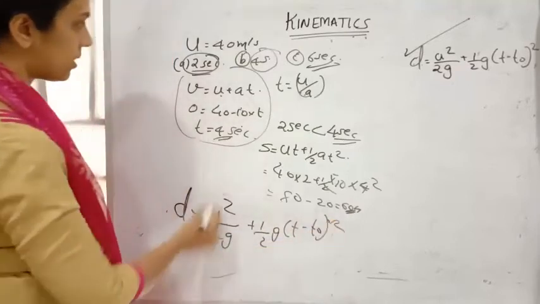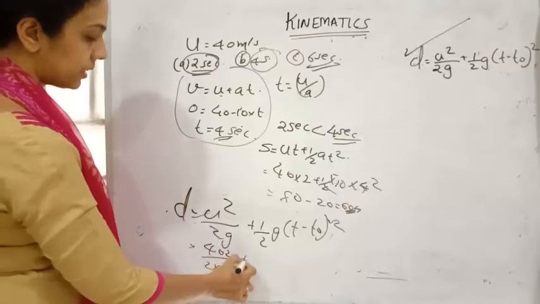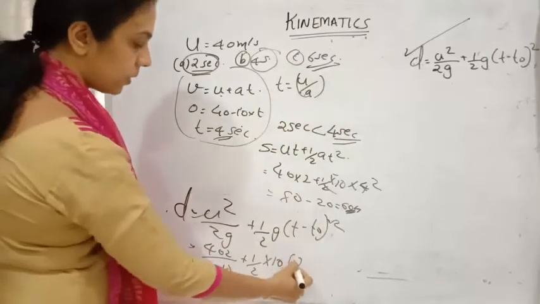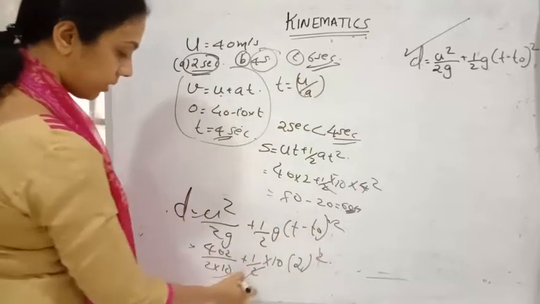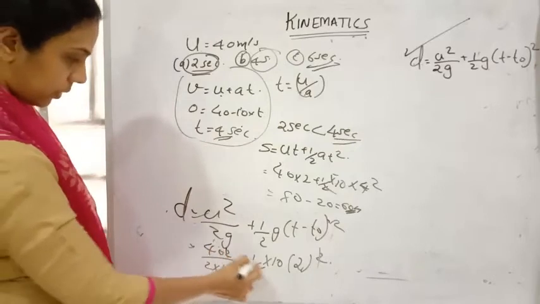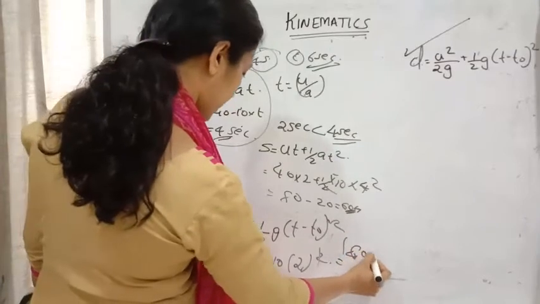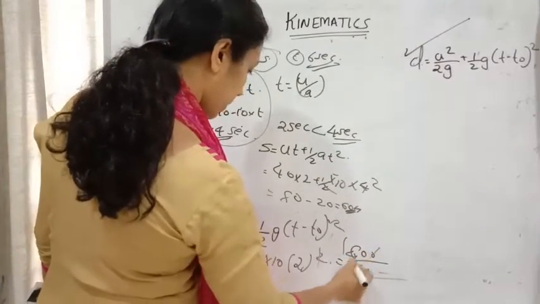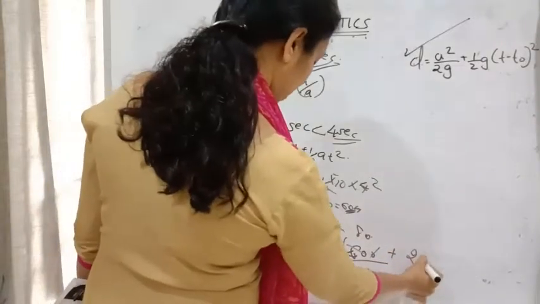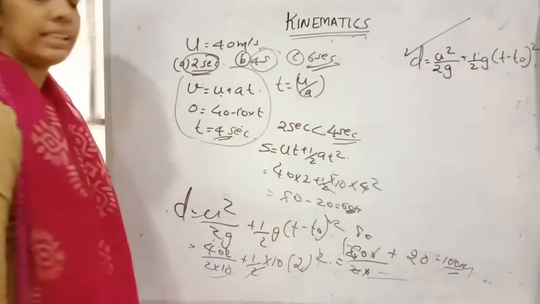For that, what is u here? 40 square divided by 2 into 10 plus half into 10 into (t minus t0, which is 6 minus 4, that is 2) the whole square. So 40 square is 1600 divided by 20, so here you will get 80 plus 20. 80 plus 20, 100 meters. 100 meters is the distance covered.